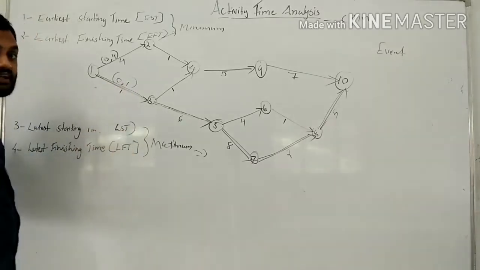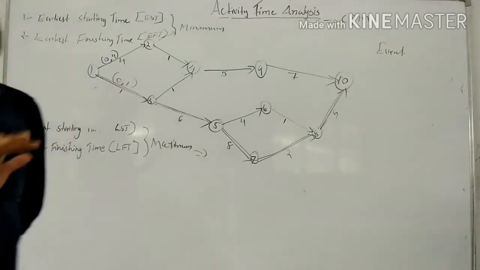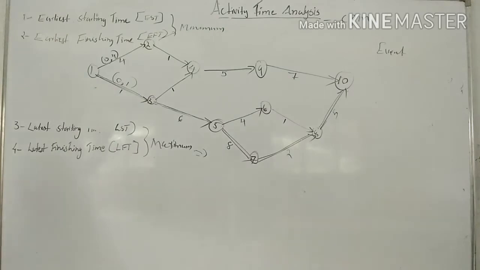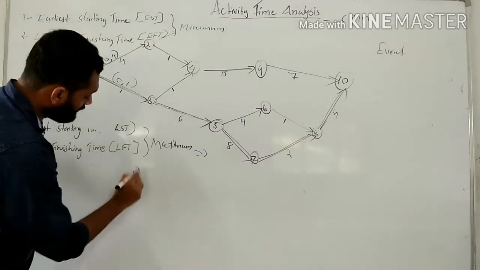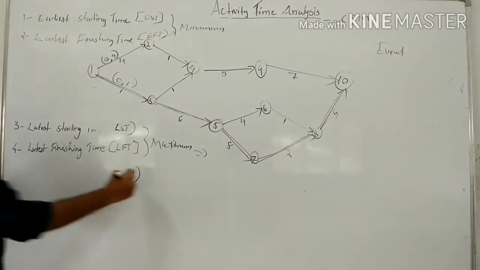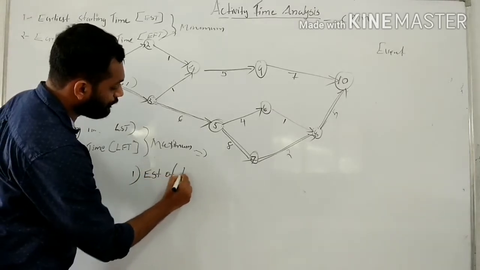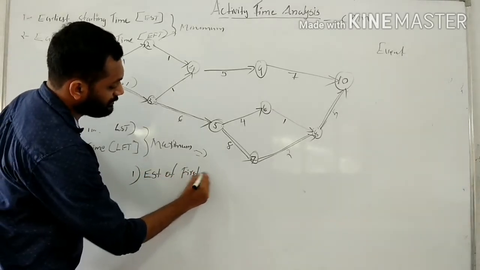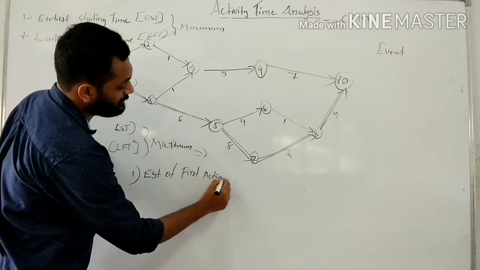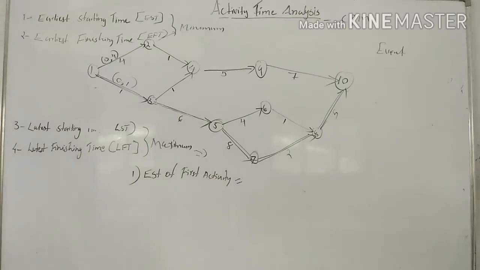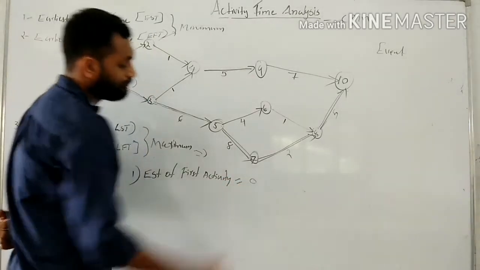The EFT of an activity in a network diagram is EST plus activity time. So we can say that EST of the first activity will be 0.